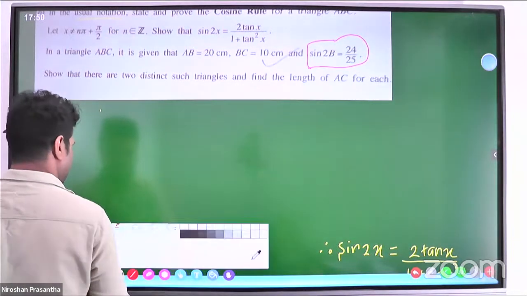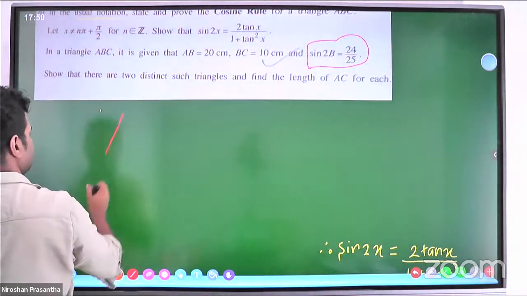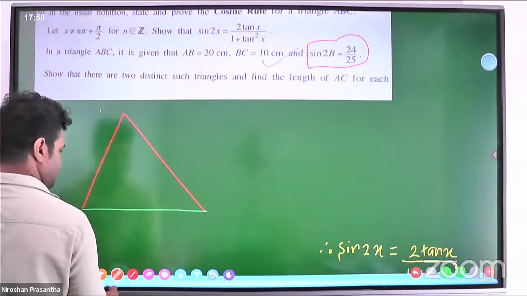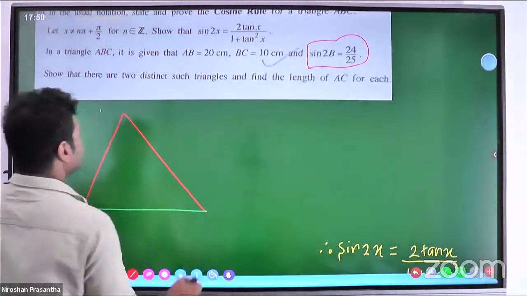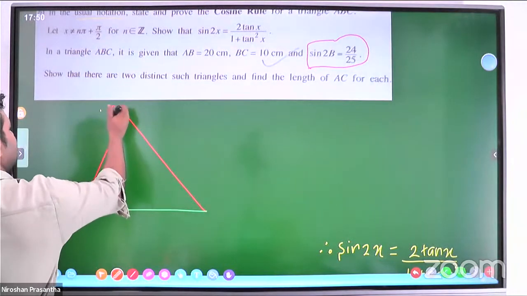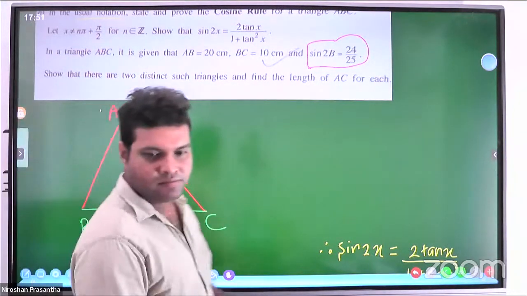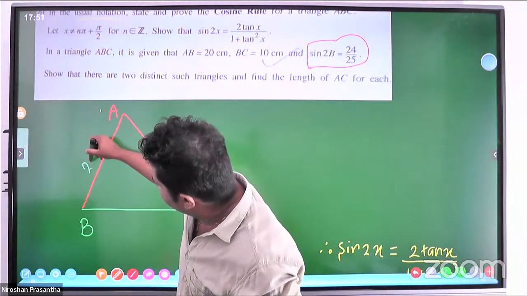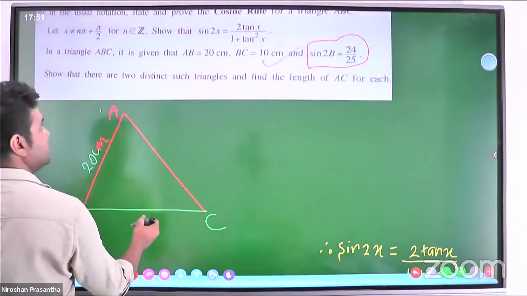For a triangle ABC, AB is 20 cm and BC is 10 cm.